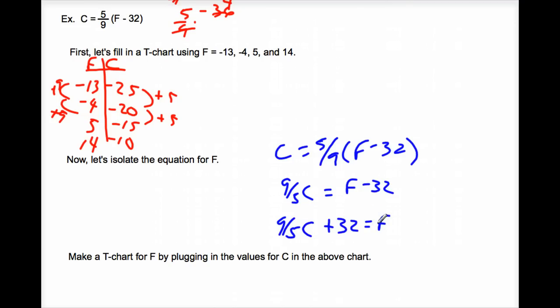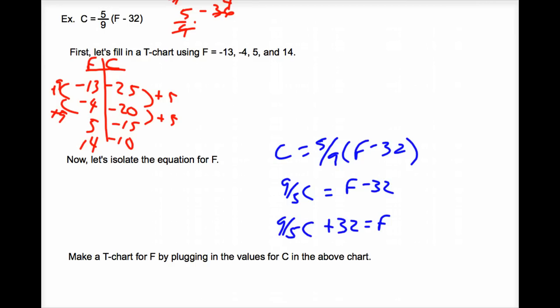So there, if I know it's Celsius, I can find Fahrenheit. If it was 10 degrees Celsius, I do 9/5 times 10, that'd be 18. 18 plus 32 is 50, so it'd be 50 degrees. That's what we would recognize 10 as. We would recognize it as 50.